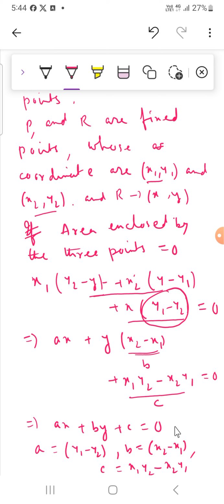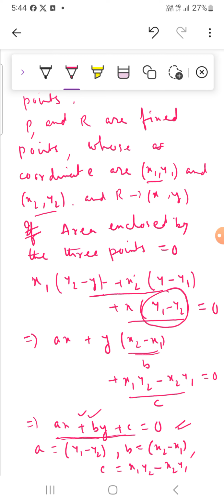In this way we show the equation of a straight line. This is the general form of a straight line. Such an equation of first degree in two variables always represents a straight line.